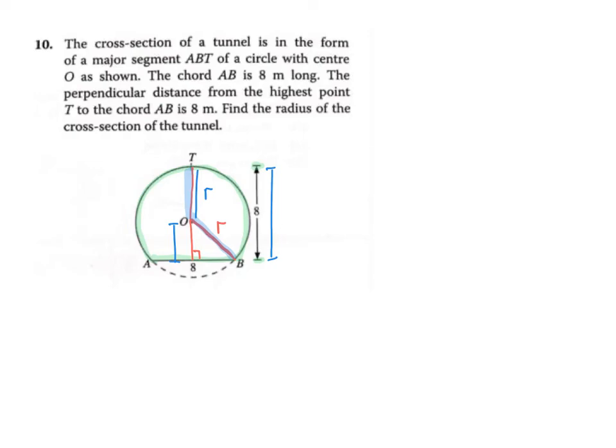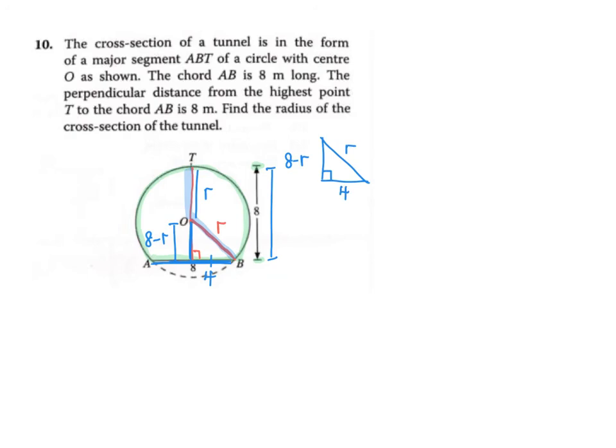We can get 8 minus R. Now I know that AB is perpendicular to this length over here, so hence AB will be cut into 2 equal portions, and I have one small part over here to be 4 meters. Let us try to draw out this triangle again. I will have R radius, length 8 minus R, and the sub part here to be 4 meters.